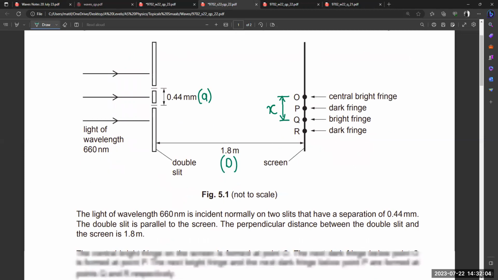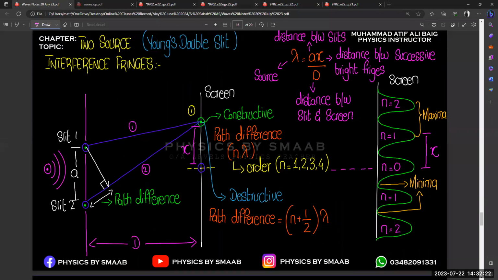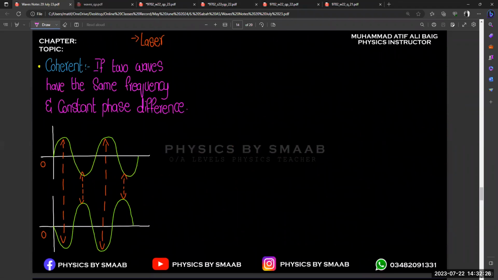In the question, they are asking: state what is meant by coherent. We already discussed the concept of coherent. What is the meaning of coherent? We studied today that if two waves have the same frequency and constant phase difference, that is known as coherent, right?